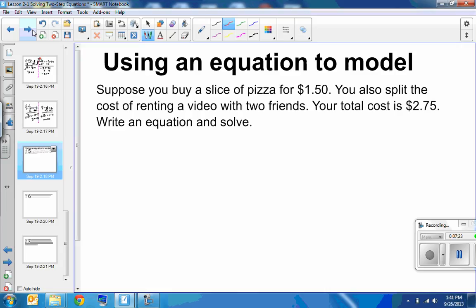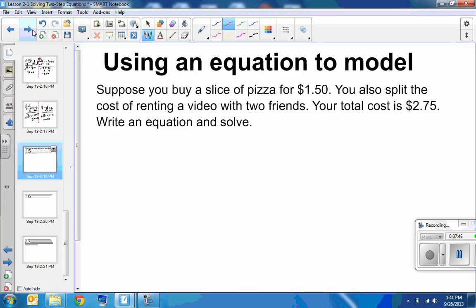So let's look at this word problem. It says, suppose you buy a slice of pizza for $1.50. You also split the cost of renting a video with 2 friends. The total cost is $2.75. Write an equation and solve to find what the cost of your video was.